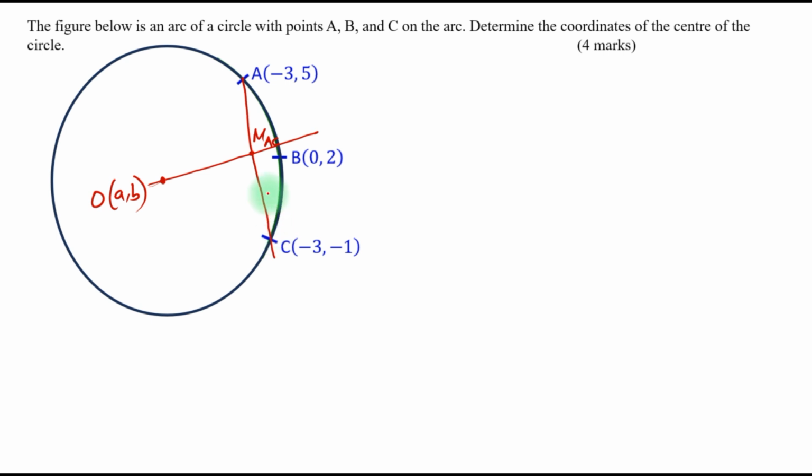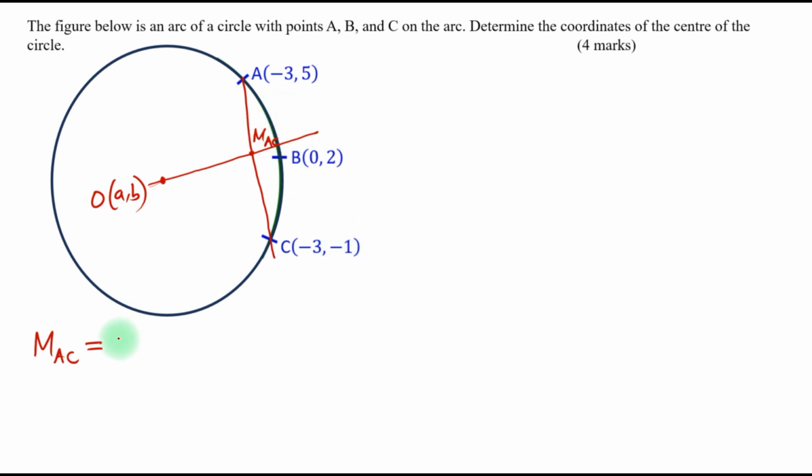So let us find the midpoint of AC. To get the midpoint, we add the x coordinates and divide by 2, and also add the y coordinates and divide by 2.